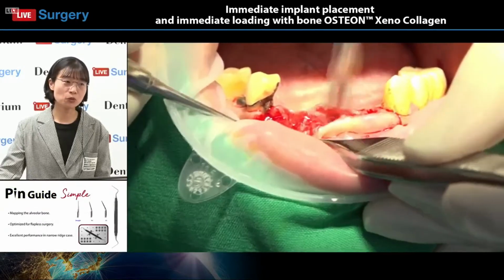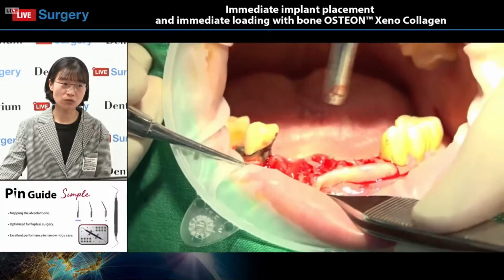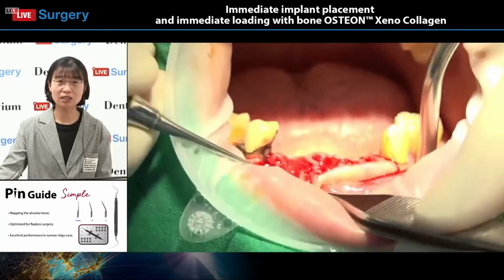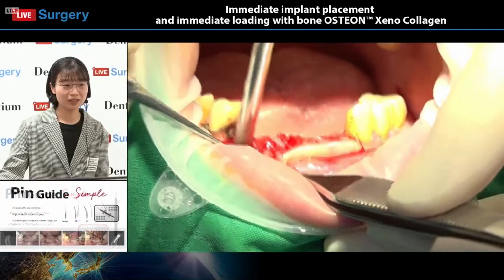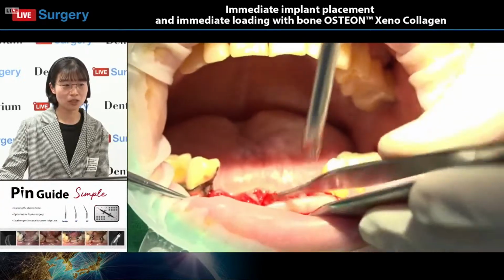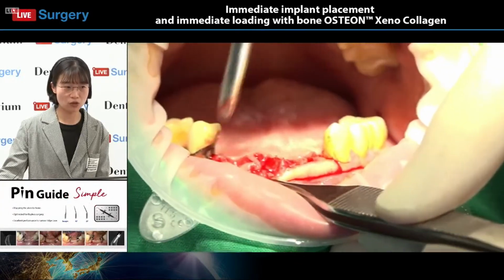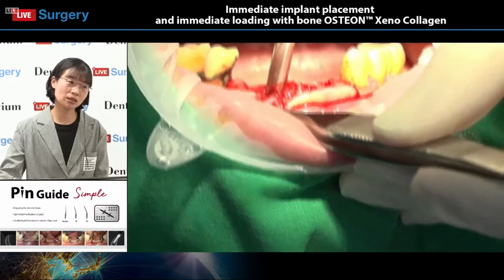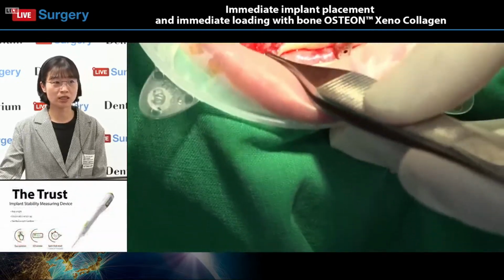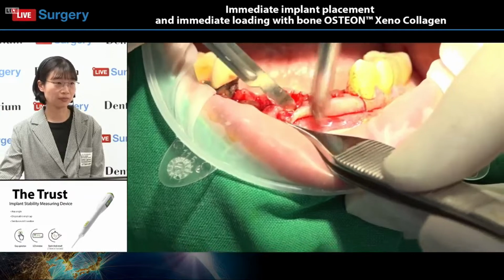So if you remove the granulation tissue perfectly, I think it is okay. So now he is doing the procedure of immediate implantation using the tissue level implant.